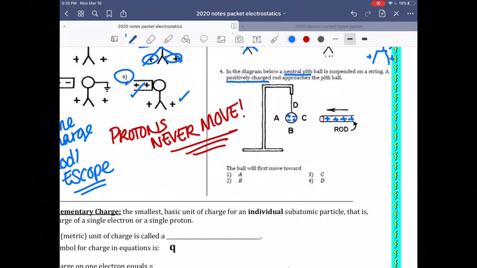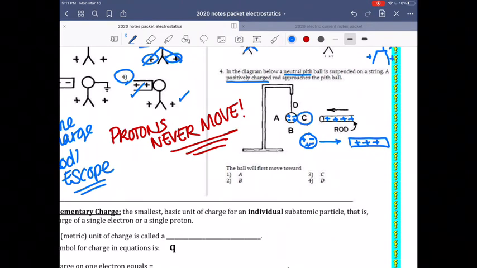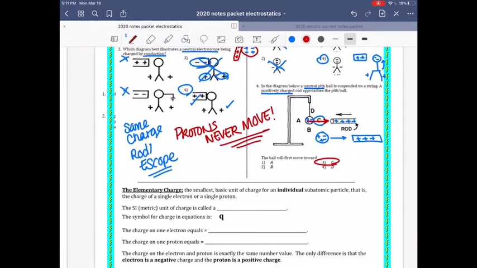When the rod is brought near to that pith ball, the negatives are going to go on one side, the positives stay where they are because they can't move. But the ball will move towards the rod initially. So that direction would be C because it would be pulled towards the rod because of electrostatic attraction. So the answer is C.